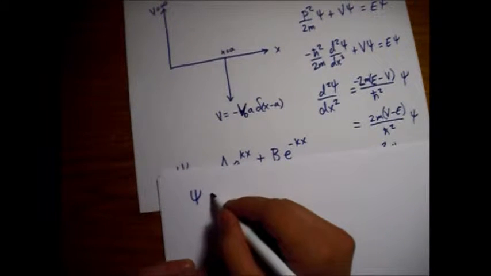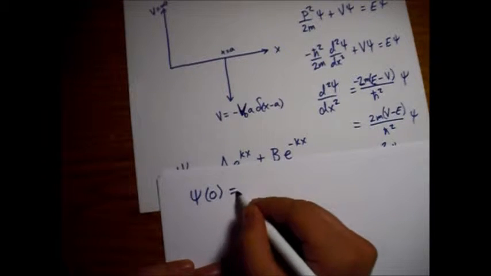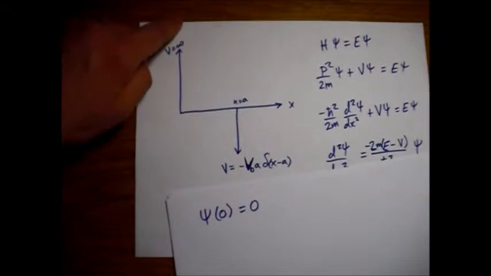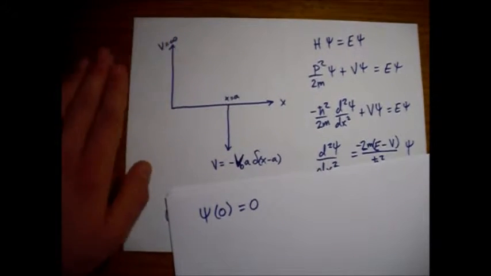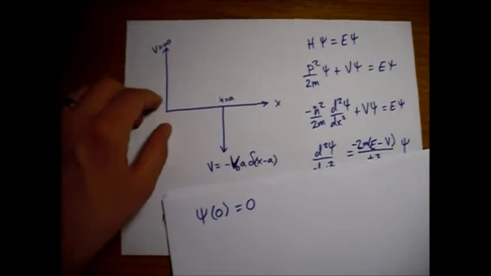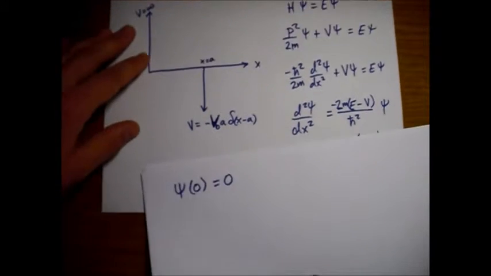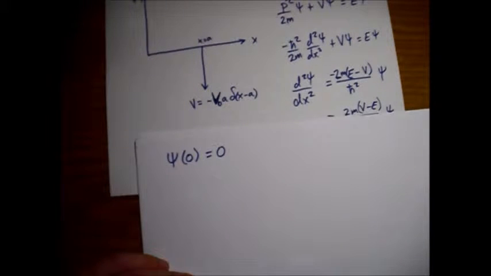I'm just going to write this one out real quick. The wave function must go to 0 at an infinite wall, because it's not infinitesimally thin like this delta function is.